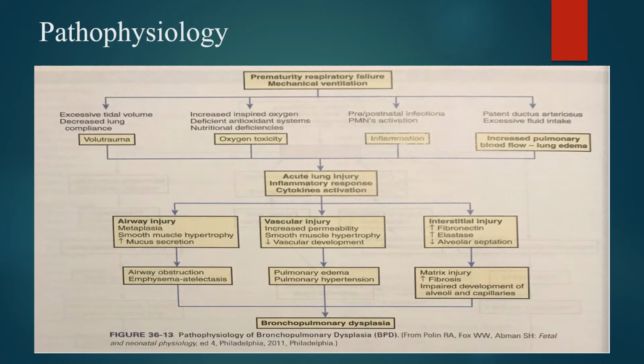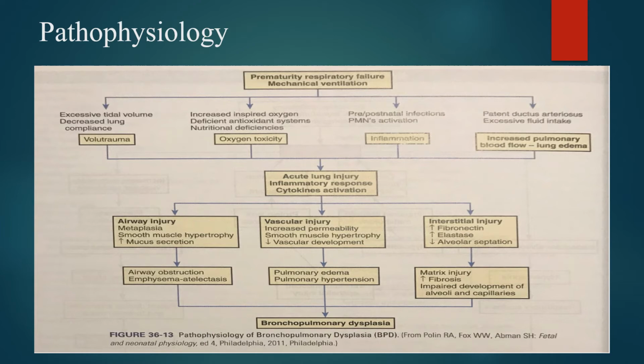Here are factors that contribute to the development of BPD. Volutrauma, due to decreased compliance and excessive tidal volume. Oxygen-free radicals, which can cause direct cellular injury. Even room air is relatively hyperoxic for a premature infant.